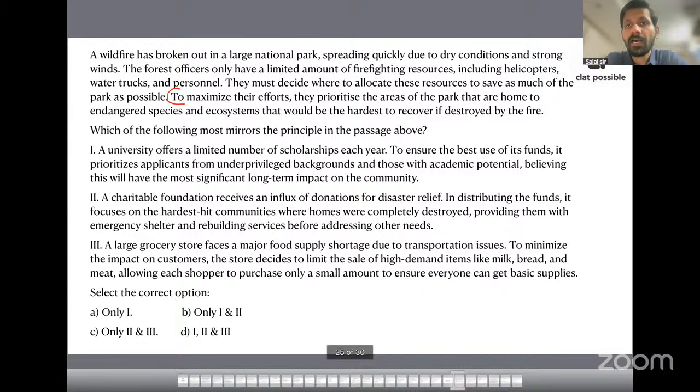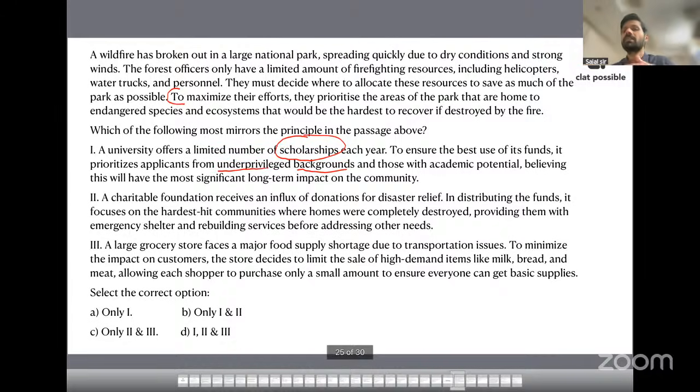One, a university offers a limited number of scholarships each year. To ensure the best use of its funds, it prioritizes applicants from underprivileged backgrounds and those with academic potential, believing this will give the most significant long term impact on the community, right? So, when they are offering scholarships, they are prioritizing applicants from underprivileged backgrounds.